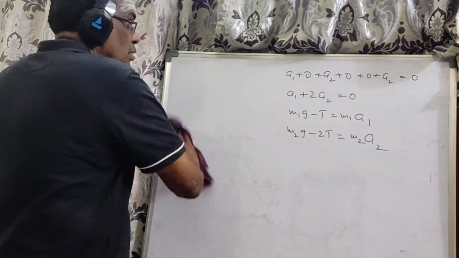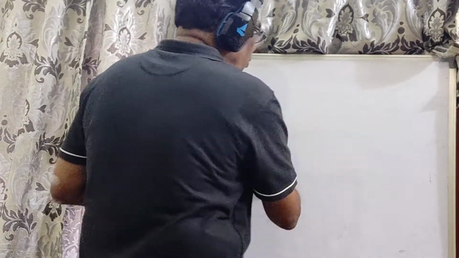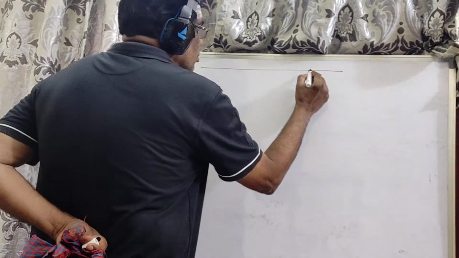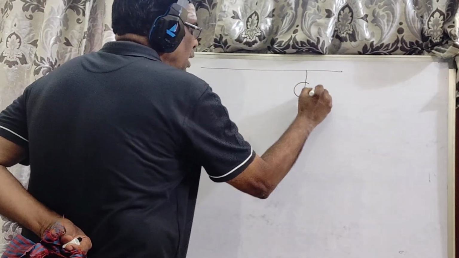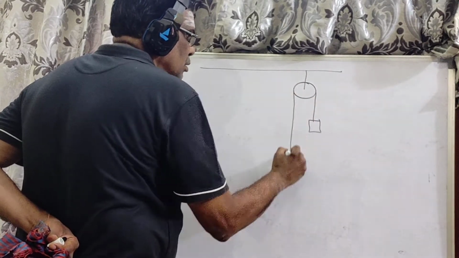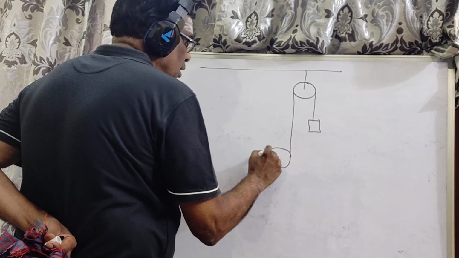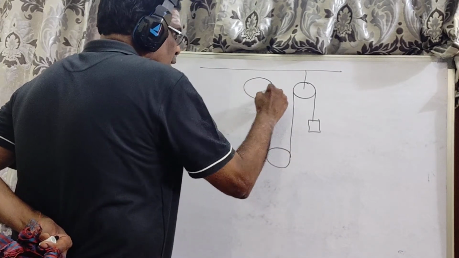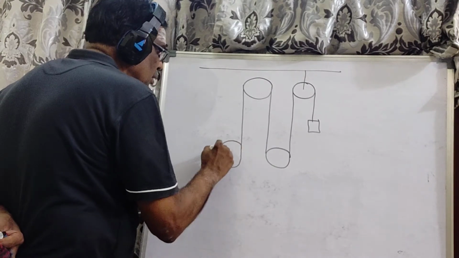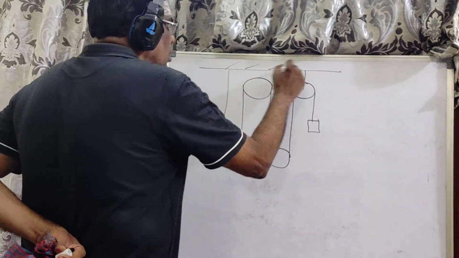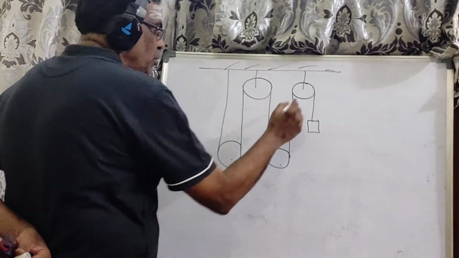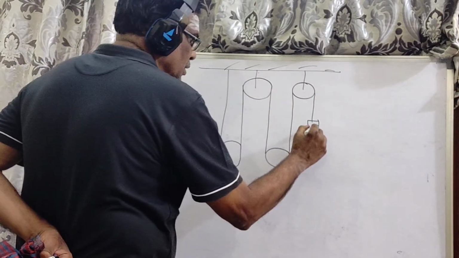Now, if I extend this to any number of pulleys, don't look at the diagram and get perplexed. You can draw as many as you wish. These are variable pulleys, these are fixed pulleys.